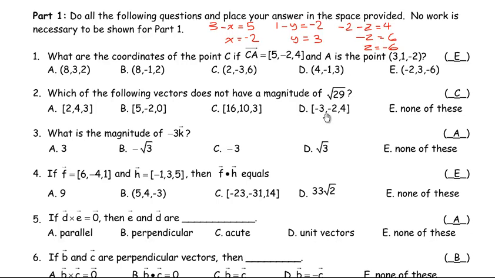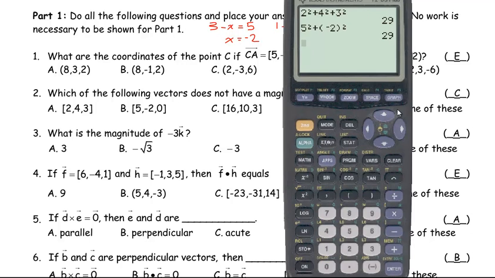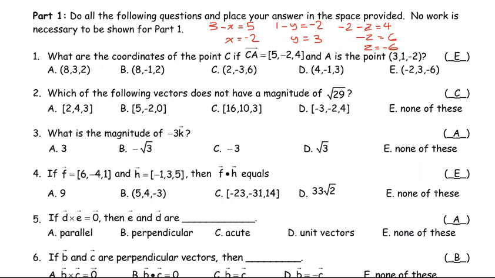So that will also be root 29. In C here, [16, 10, 3] is a lot longer than root 29. If we square 16 and add 10 squared and 3 squared, we get 365. So the magnitude of that vector would be root 365, so it's much longer. That's why C would be the answer for question 2.